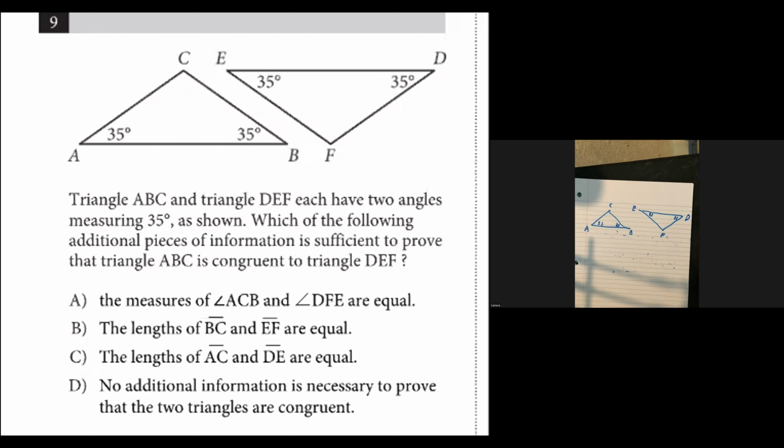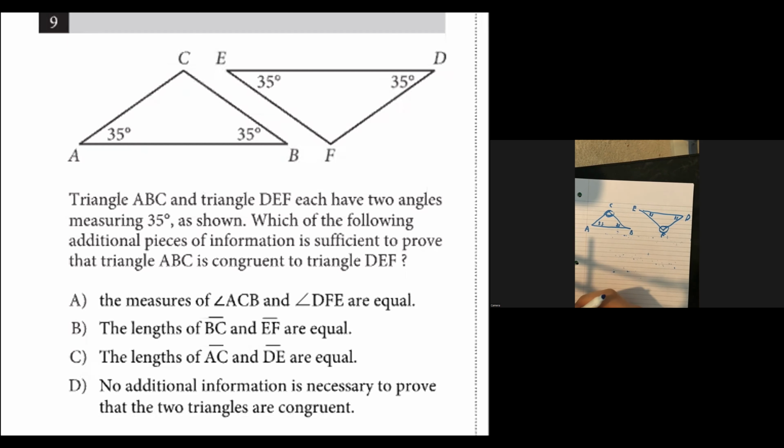And it asks, which of the information would we need? Well, what does the first one say? The measures of ACB and DFE are equal. So the measure of ACB, this angle right here, is equal to DFE, so that would be this angle.